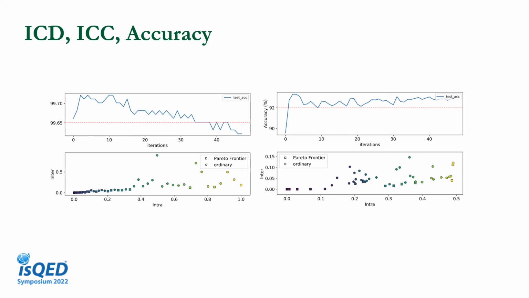The square shapes represent the Pareto frontiers, and the circles show the ordinary iterations. Among all of the Pareto frontiers, we pick an iteration that leads to an accuracy higher than the predefined accuracy, shown with the red line in the accuracy figure.